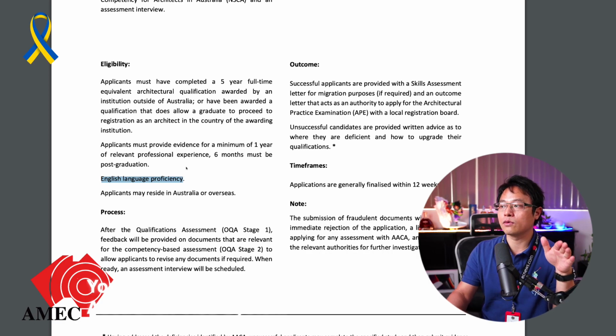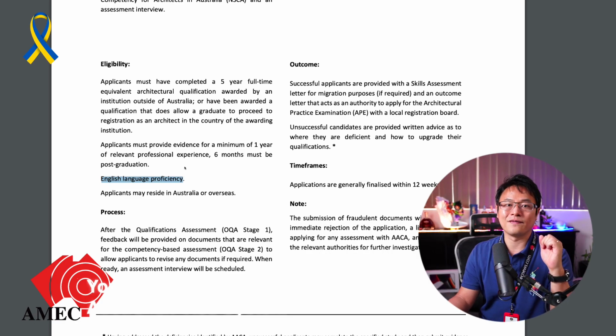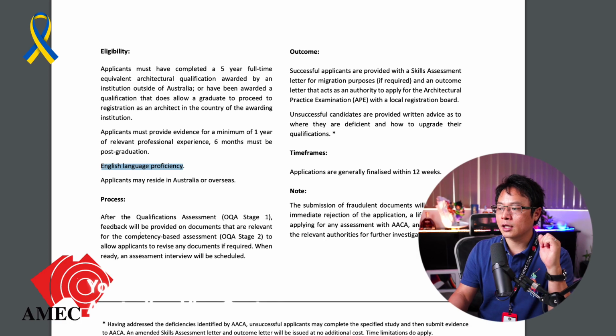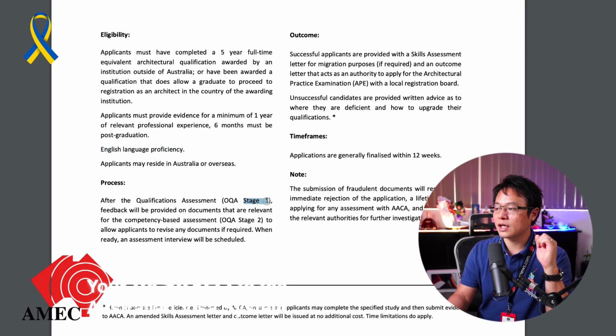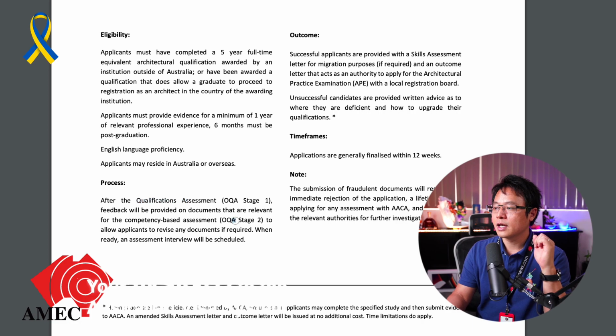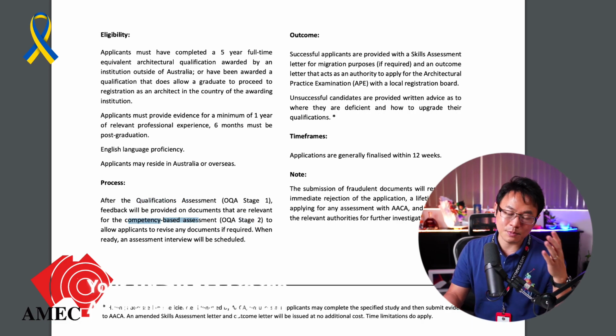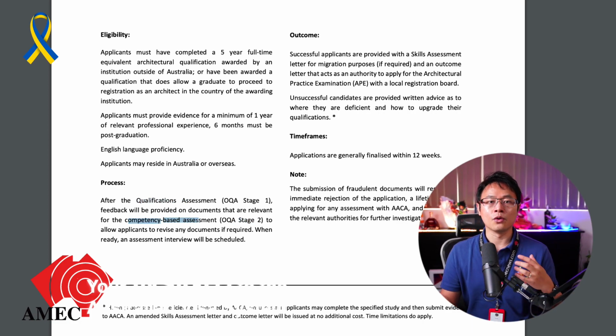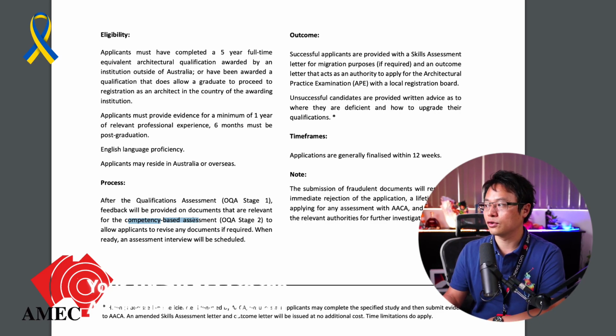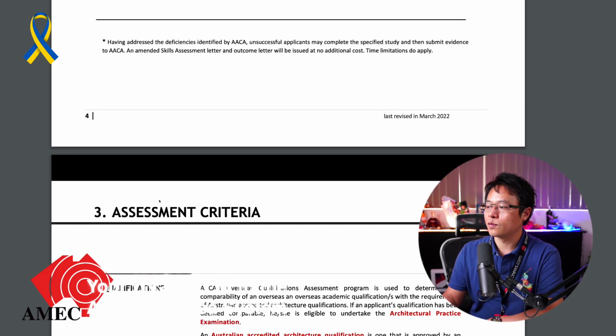I believe that will require you to be at the level of IELTS 7. So there are 2 processes. Stage 1 is the qualification, and stage 2 is the competency based. That's basically assessing your work experiences or projects, should I say, that you have been involved in previously.